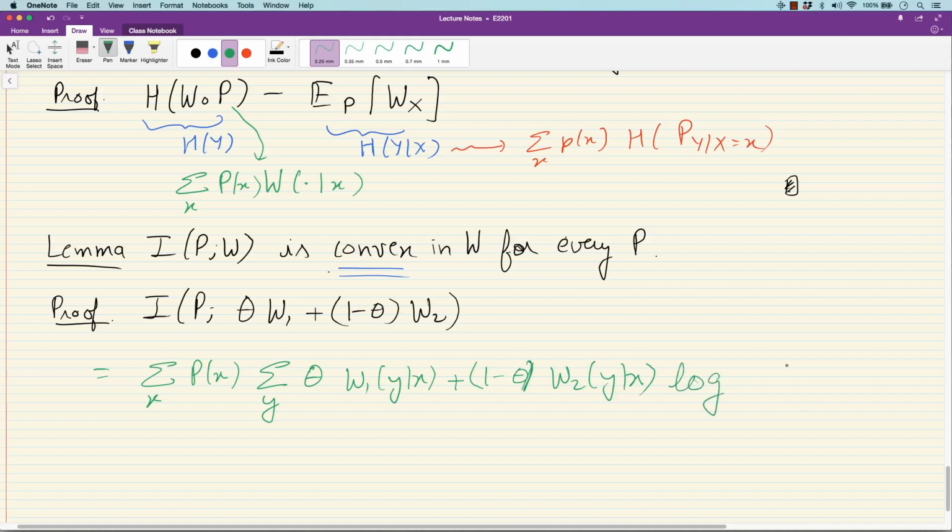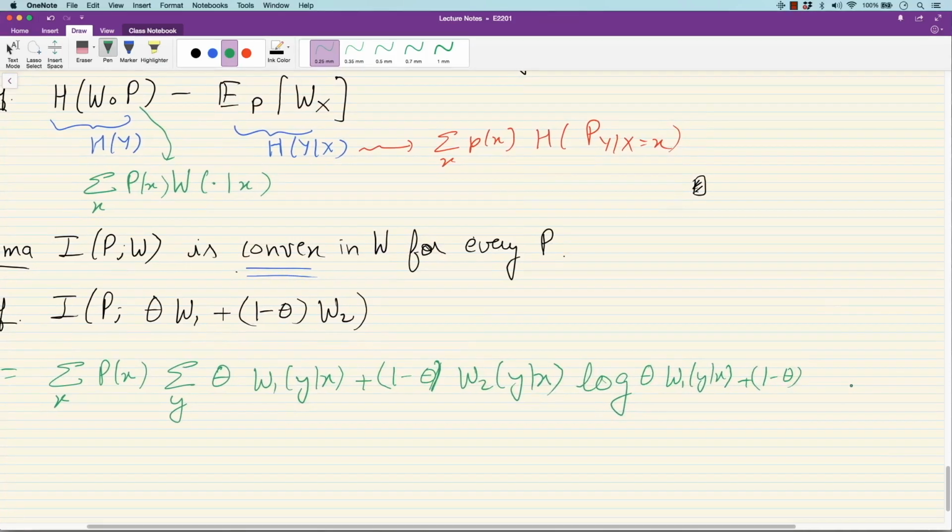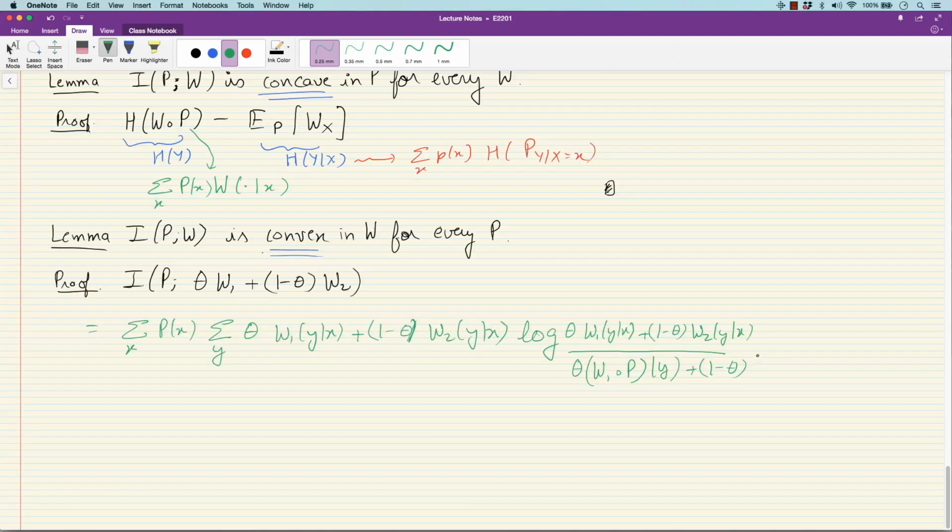You can do it yourself. Same thing: theta W1(y|x) plus (1 minus theta) W2(y|x), divided by the output distribution now, theta W1(y) plus (1 minus theta) W2(y). Please verify that this is indeed the correct formula for mutual information.